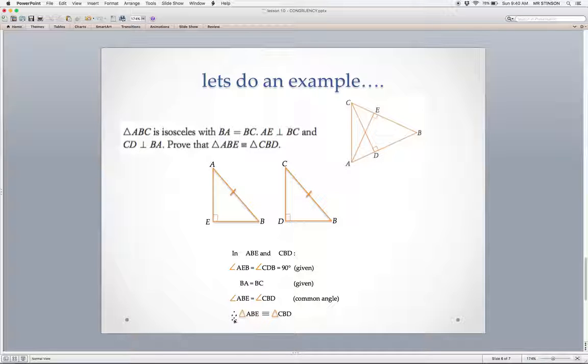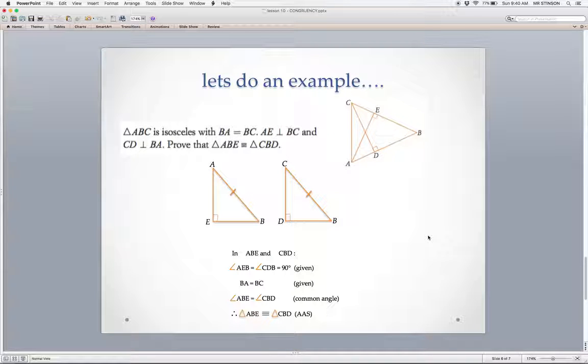So therefore, we would write therefore like this: triangle ABE is congruent to triangle CBD. Now the only one piece of information that I've forgotten to put in is that we would need to write angle, angle, side. That would be the reason why we can say finally that these two triangles are congruent.